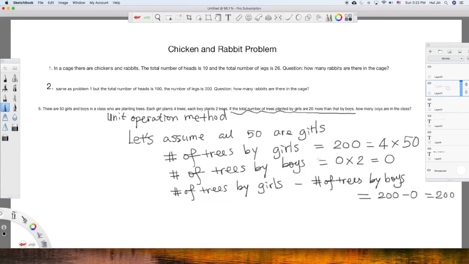That's way more than the 20. And the fact, of course, is because there are boys there who planted trees.